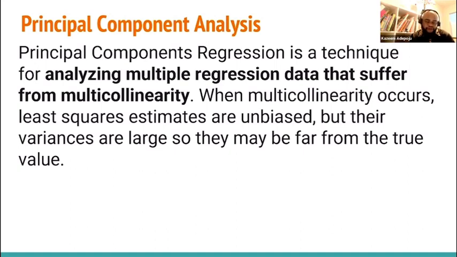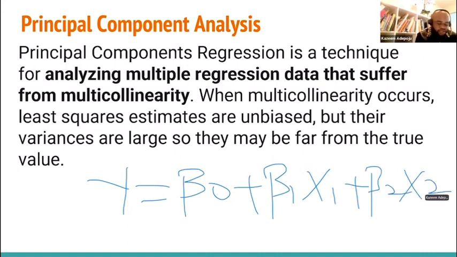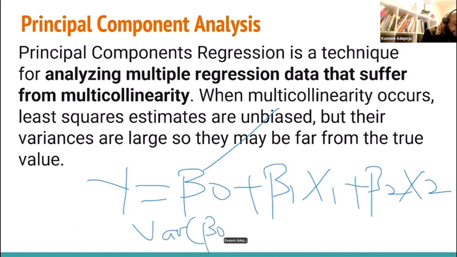When I have an estimate of a regression parameter, we can figure out the variance. If I'm talking about beta 1, I can talk about the variance of beta 1. If I have a model y equals beta naught plus beta 1 x1 plus beta 2 x2, and so on, then when I get the estimate of beta naught, we can get the variance of beta naught, and when I get the estimate of beta 1, we can also get the variance of beta 1.